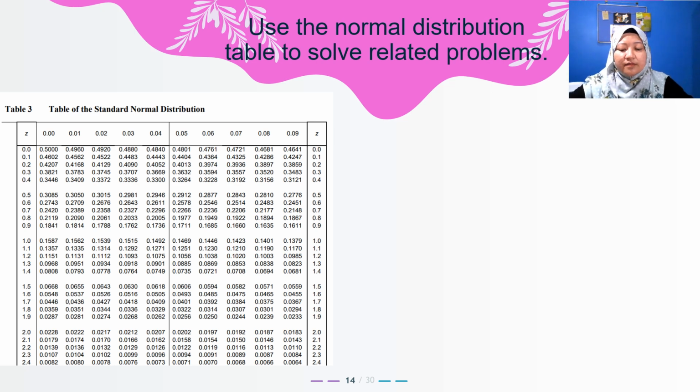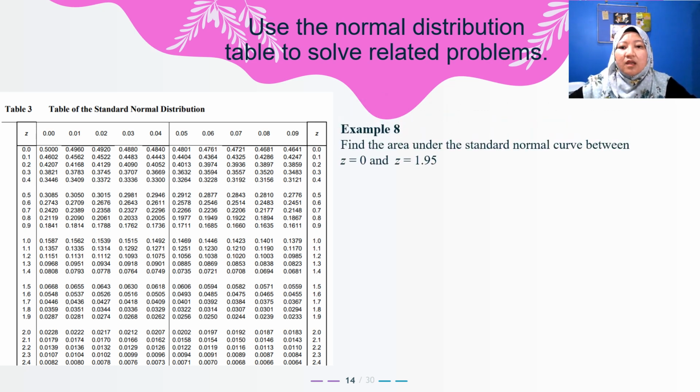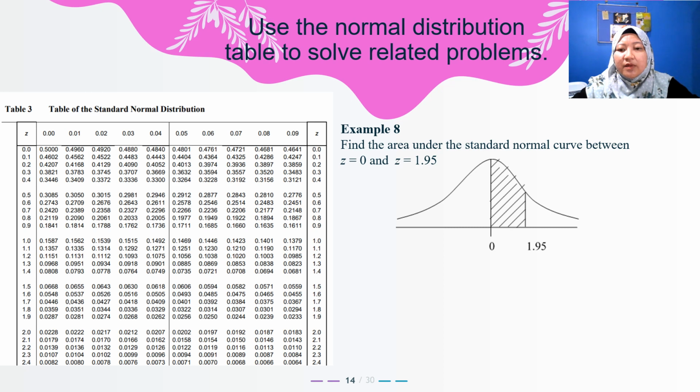Okay, next. Find the area under the standard normal curve between Z equal to 0 and Z equal to 1.95. Okay, lukis bell shape dan kita tandakan kawasan dia. Lorekkan kawasan antara 0 hingga 1.95. Okay, ini adalah kawasan yang kita perlu cari.